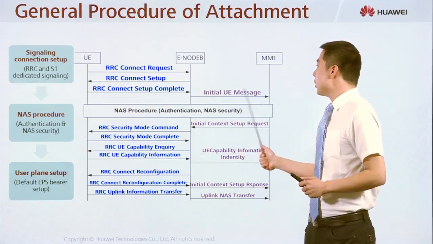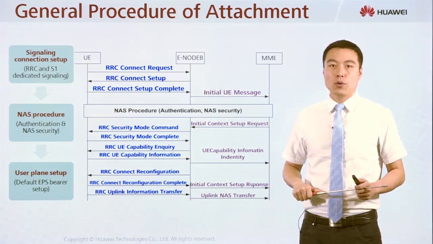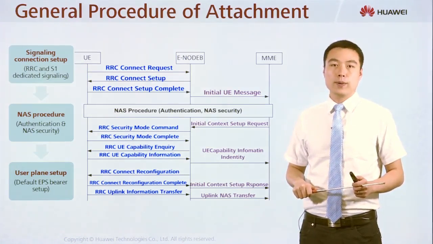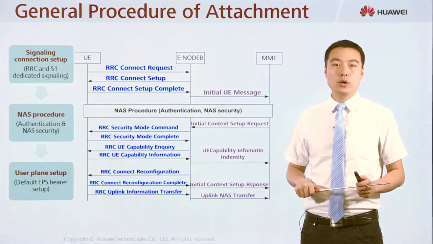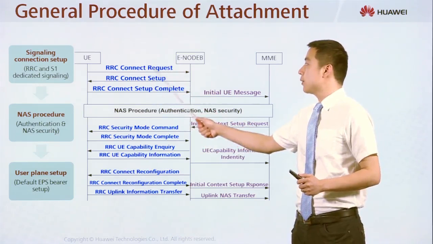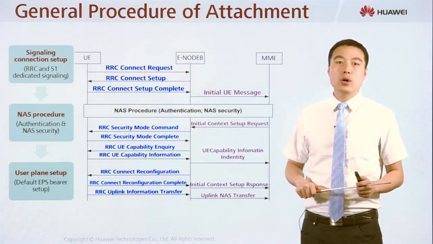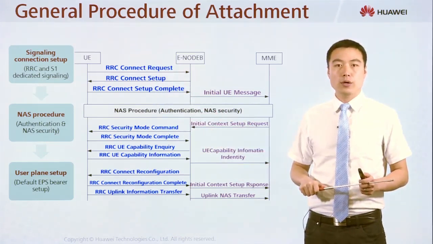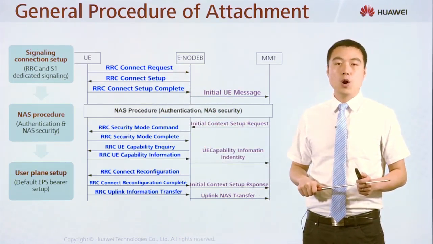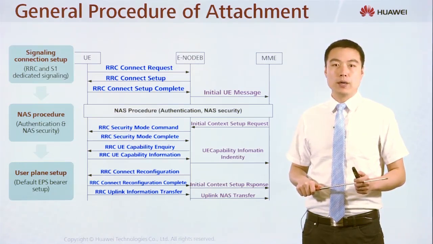Here, the initial UE message is sent to the core in order to tell the core network the purpose of the UE, what the UE wants. For example, after the UE sets up the bridge, maybe the UE wants to ask the core network to do the attach procedures, or tell the core network the location of the UE, like location area update or tracking area update.